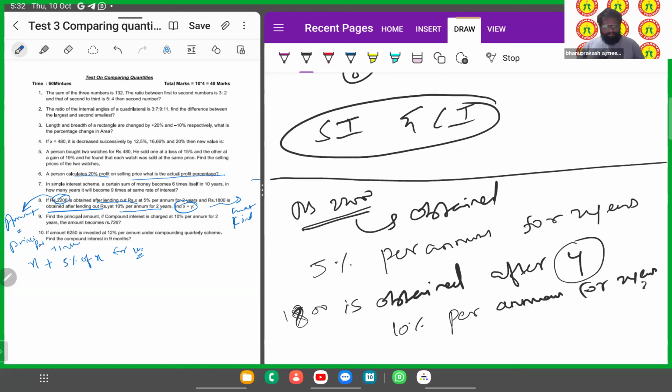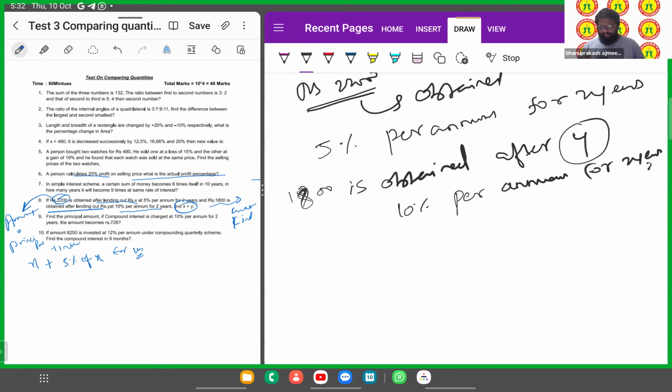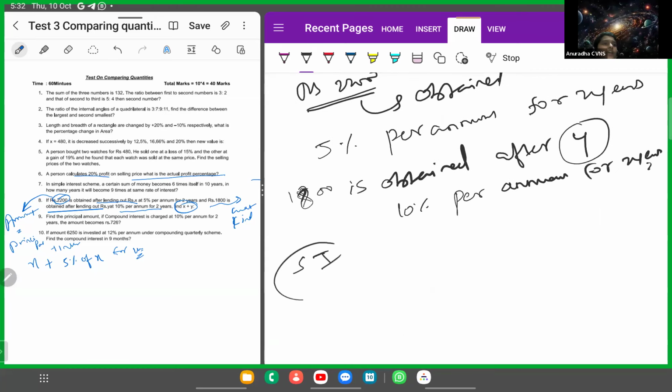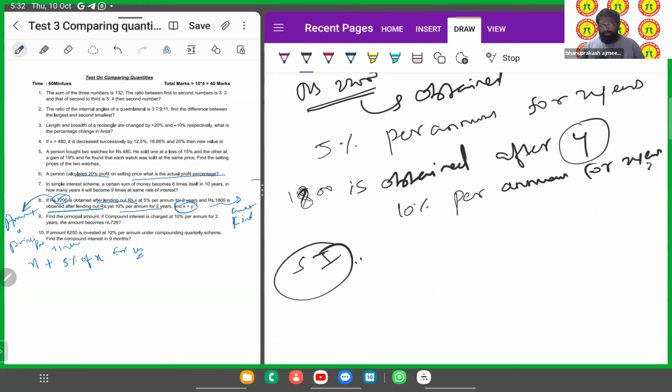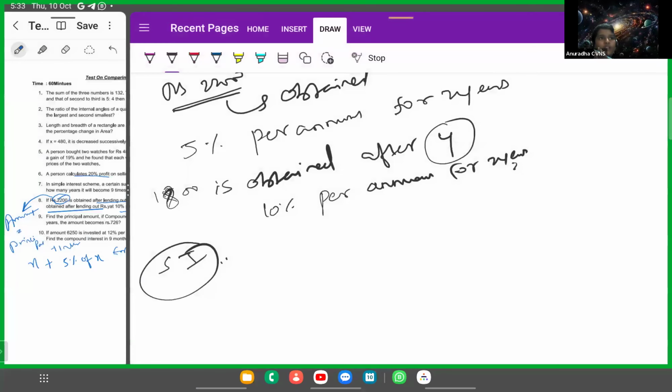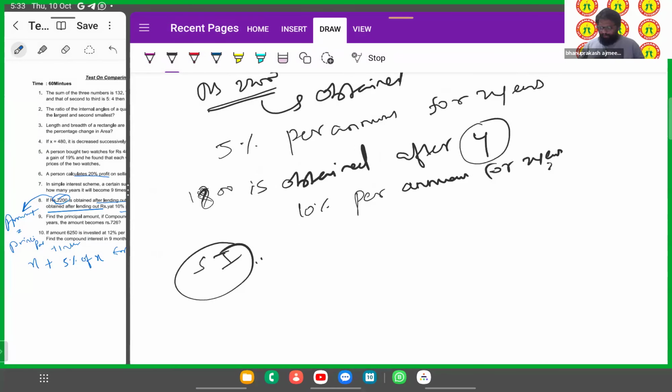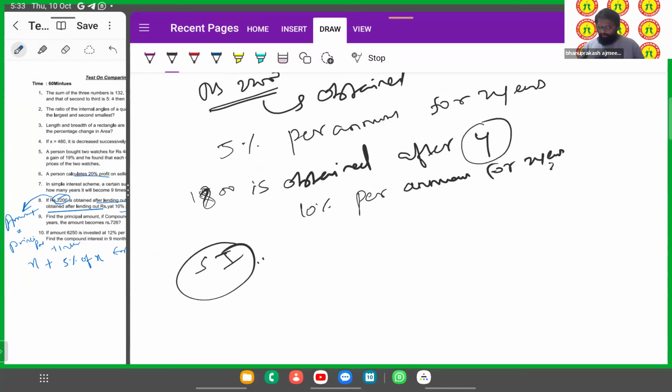So what exactly it meant here is, let us consider simple interest. 1800 is obtained after 2 years, that is the Y amount.